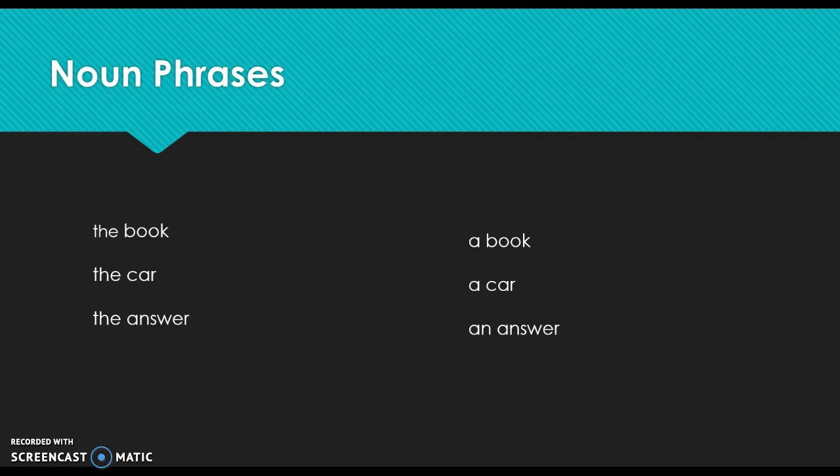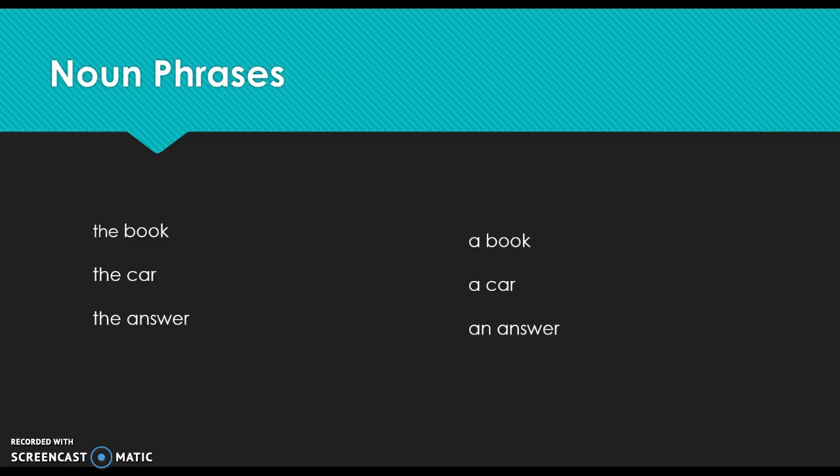So even though a and an have a slightly different form or expression, we would conclude that they are the same morpheme, in this case the same grammatical word, because they have the same meaning, the same use, and they are clearly related forms.